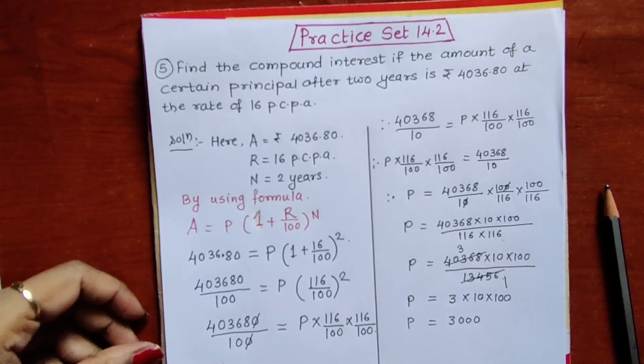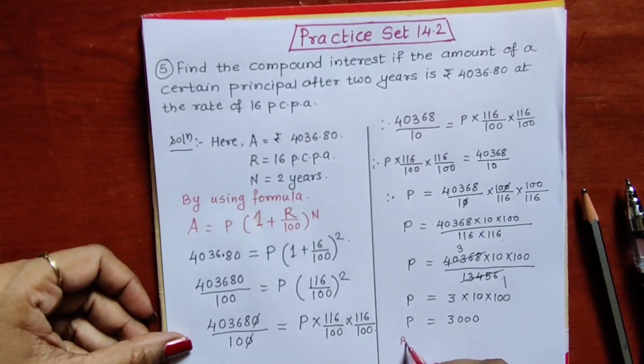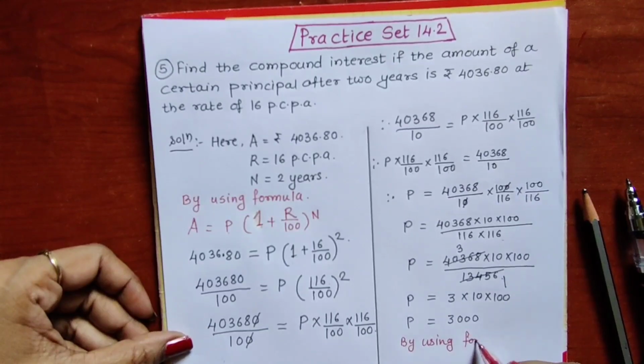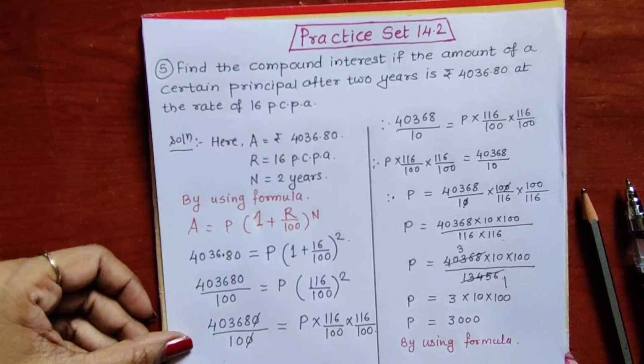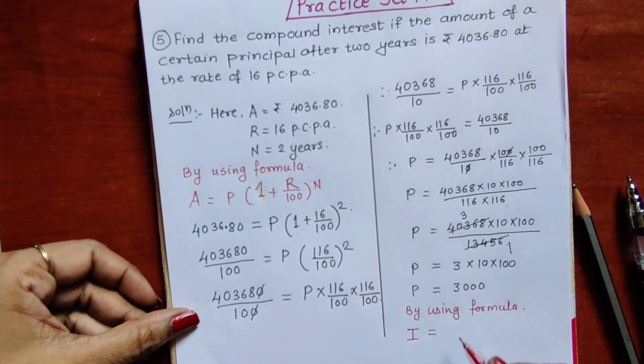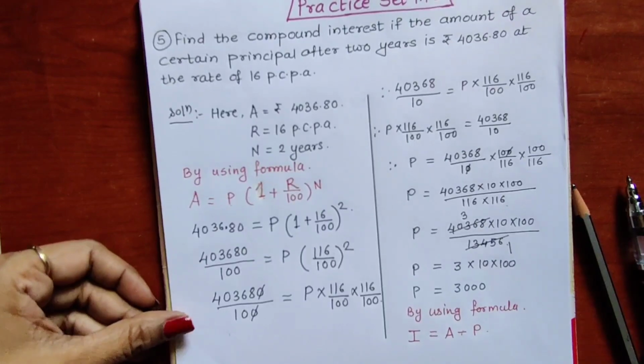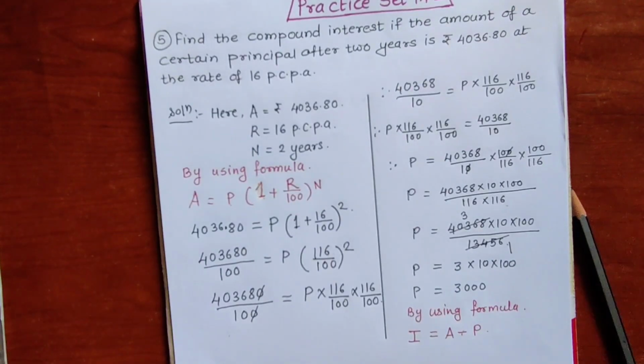We will find out compound interest by using our formula of compound interest. Compound interest formula we all know. I is equal to amount minus principal.